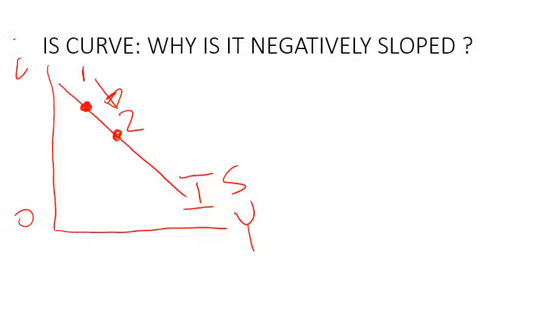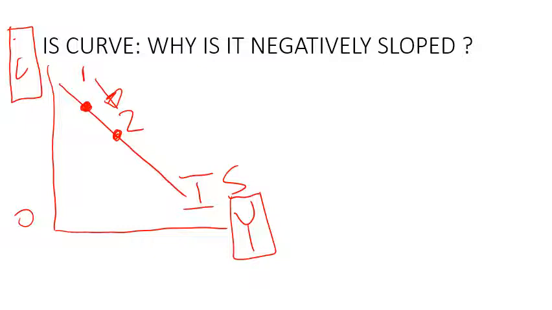Now, in regards to the IS curve, changes in the interest rate are the cause, and changes in the GDP level, well, that's the result. That's the consequence. All right? So that's important to identify.